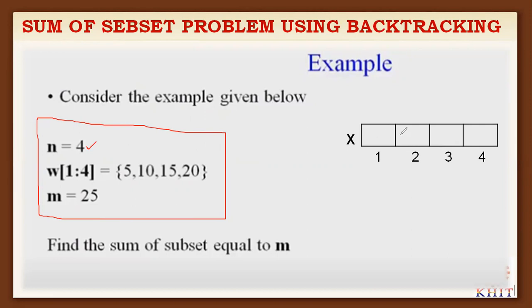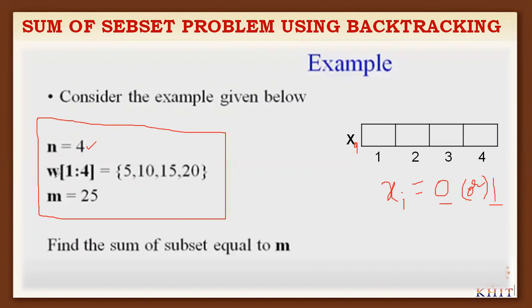You need to fill the boxes of the table. If you select a particular item, you mark it as 1. If you do not select the item, you mark it as 0. So x of i always depends on either 0 or 1.